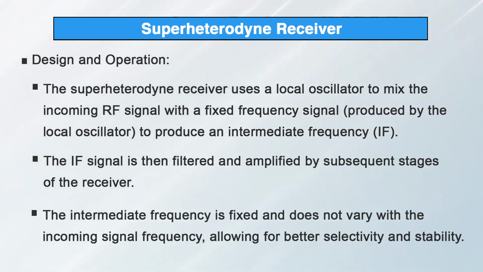The intermediate frequency is fixed and does not vary with the incoming signal frequency, allowing for better selectivity and stability. The advantages are improved selectivity and stability compared to TRF receivers, reduced susceptibility to image interferences and frequency drift, allowing for easy tuning and better performance across a wide range of frequencies.